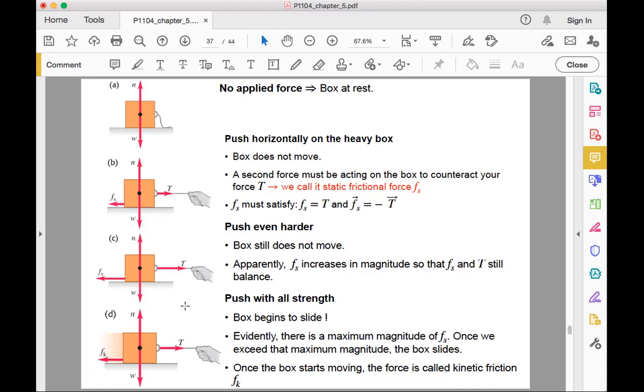There should be some maximum value for Fs, so that if we exceed this maximum value, the block will start to move. And when the block starts to move, then we are no longer in the case of static friction, because the block is not at rest, but it is moving. So we talk about kinetic friction, the force of kinetic friction, and it's denoted by Fk.